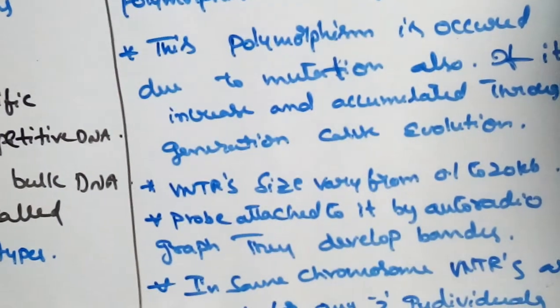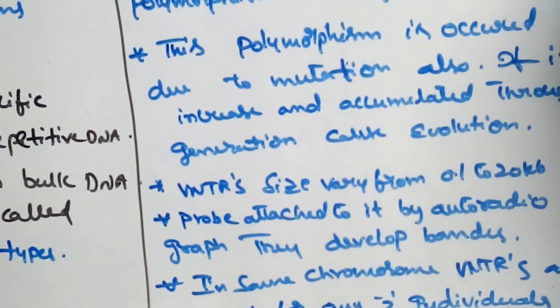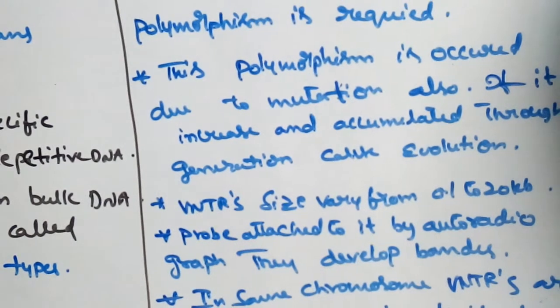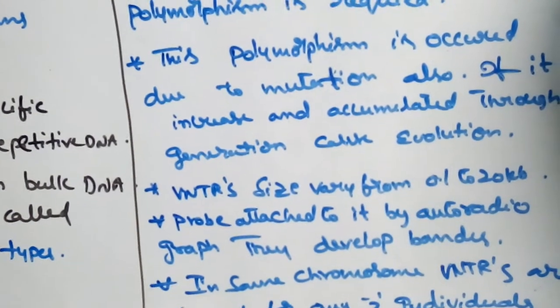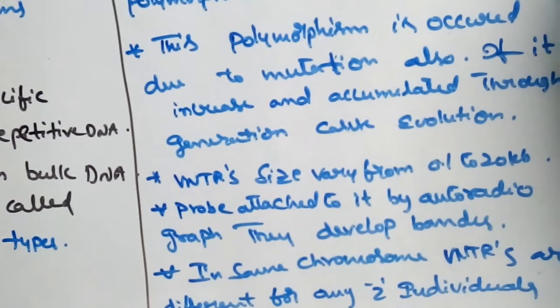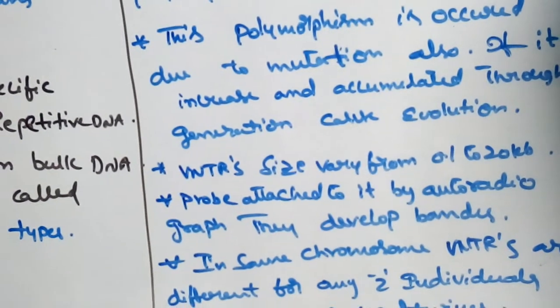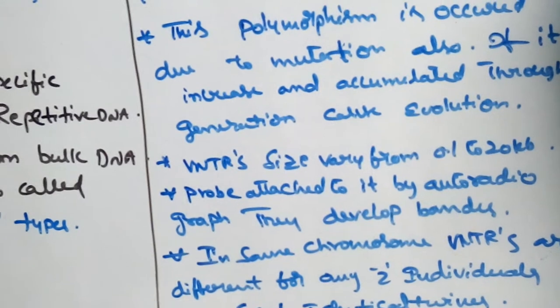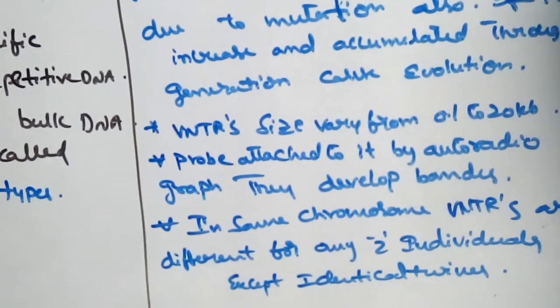Variable number of tandem repeats size varies from 0.1 to 20 kb. A probe is attached to these variable number of tandem repeats, and by autoradiography they develop the bands.